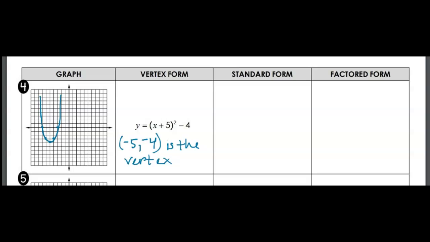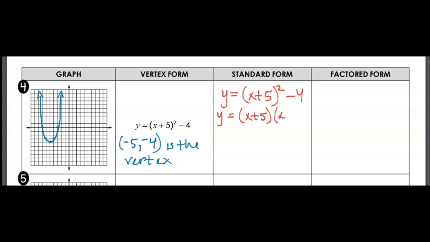We can't really see where the y-intercept is, so we'll find that out when we do the standard form. And in the factored form, we can tell where it crosses, where the roots are, so we'll confirm that when we do the factored form. For standard form, all we do is multiply this out from the vertex form.